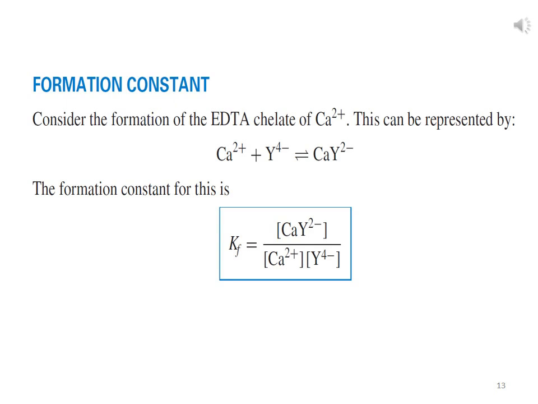So the formation constant Kf will be equal to the CaY2 negative concentration above, and below the product of calcium 2 positive and Y4 negative, which are the reactants. We can describe the formation constant of an EDTA complex with a metal ion in this way, and the dissociation constant will be the reverse of this, like we described in our previous slides for EDTA.